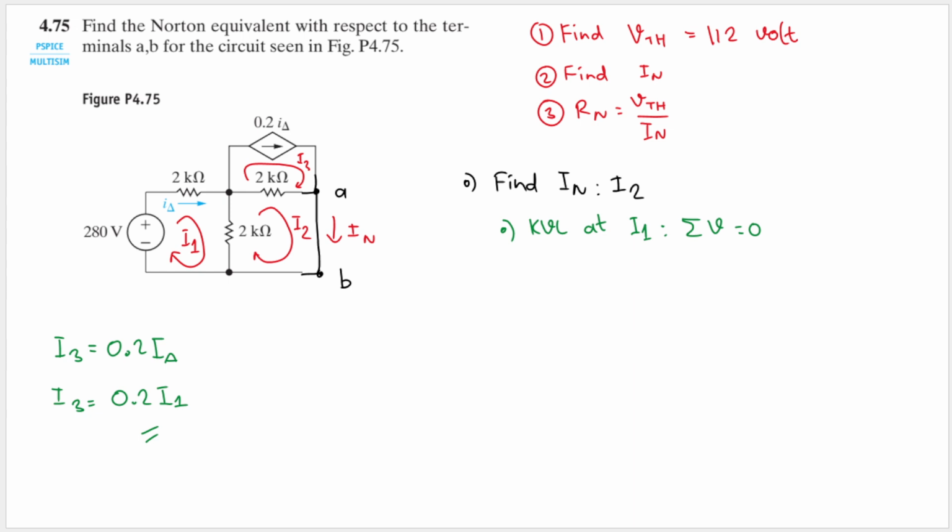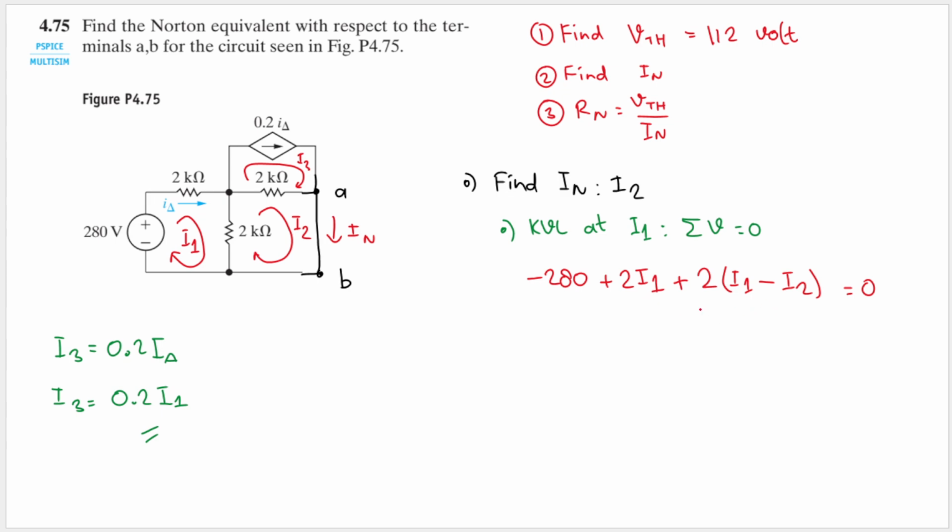So we will have minus 280 and then plus 2I1, because this is a 2 kilo ohm resistor. And then plus I1 minus I2. All of that will equal 0 because we already have all the three components, right? This, and this.